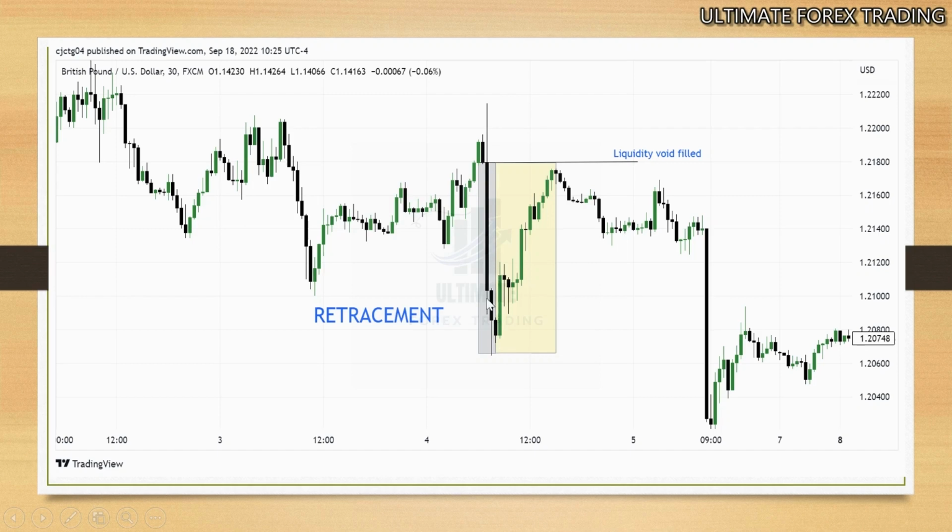So when you see such kind of price movement, there is a tendency that price will reprice into this range because it is one-sided. This is referred to as liquidity void, and price retraces back into it, as we've said, to efficiently trade it for fair value.